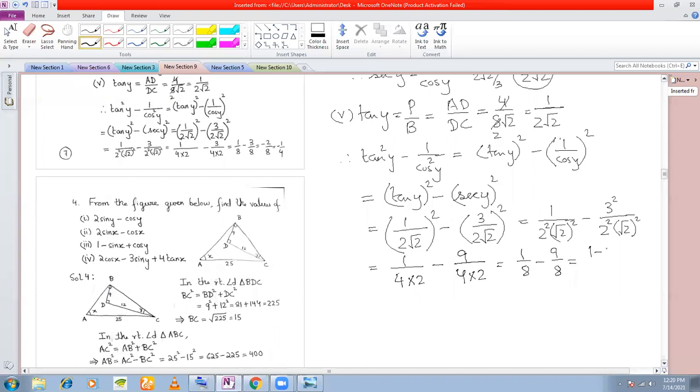Take the LCM, you get 1 minus 9 by 8, which is equal to minus 8 by 8, which is equal to minus 1. And that's your answer. Is this clear? Yes, sir. Fine. So I'll stop here.